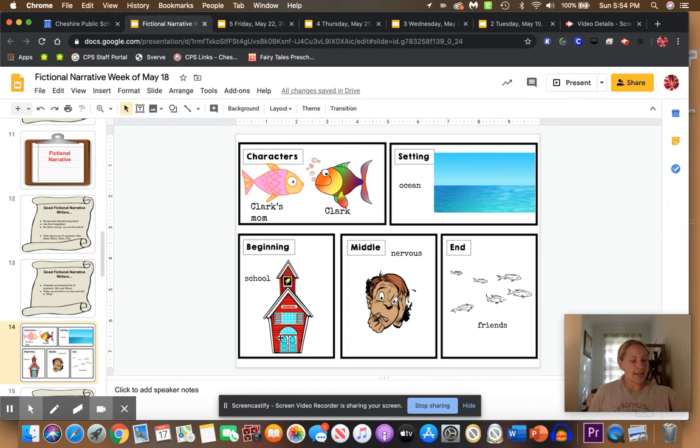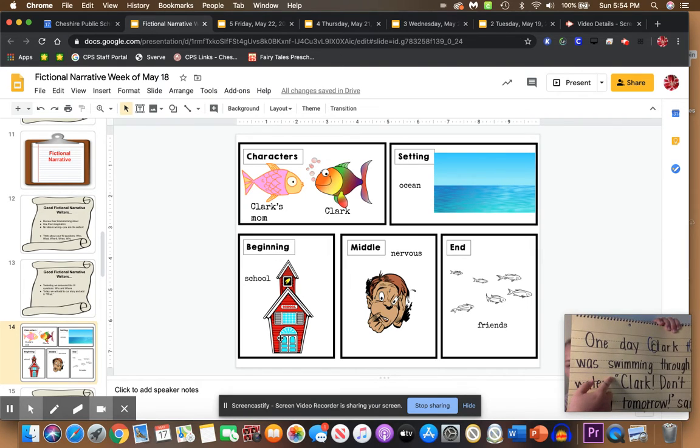Let's go in and see if we can do any edits. So because I have a character talking, I need to put quotation marks around them, and they look like commas in the sky, and they curve towards the words that are in between them. So do you see them right before Clark?